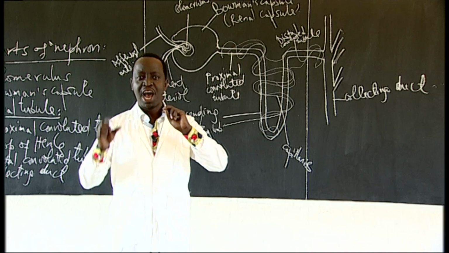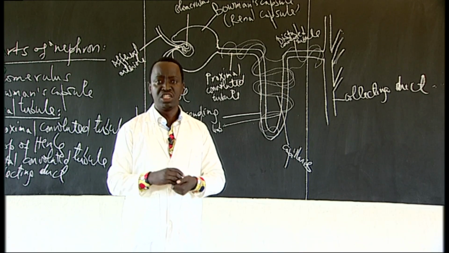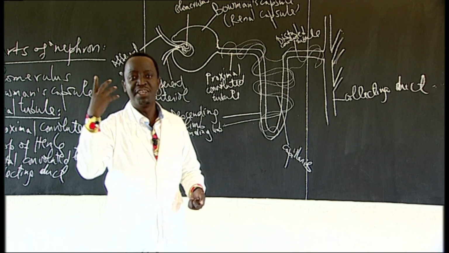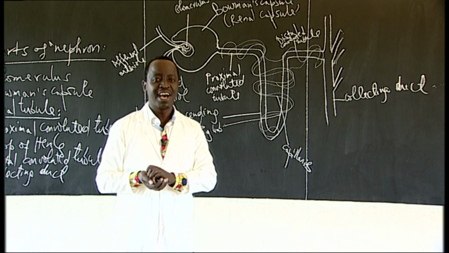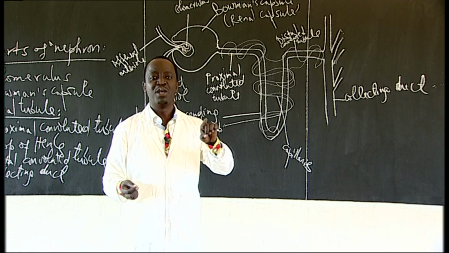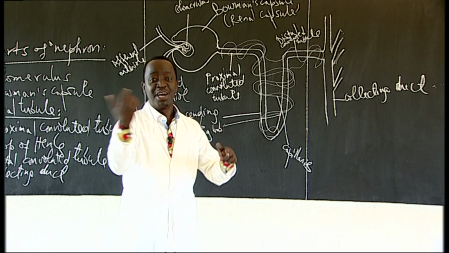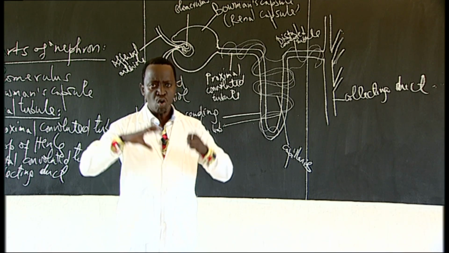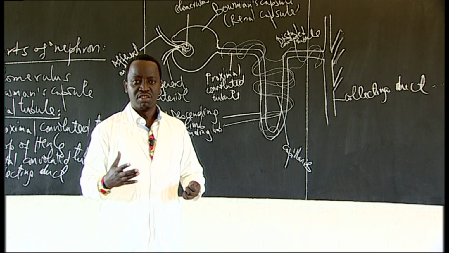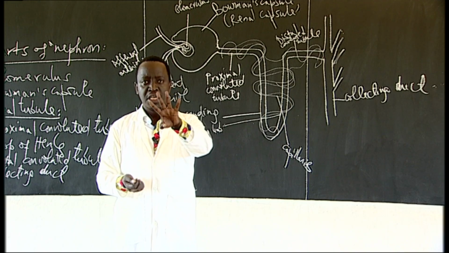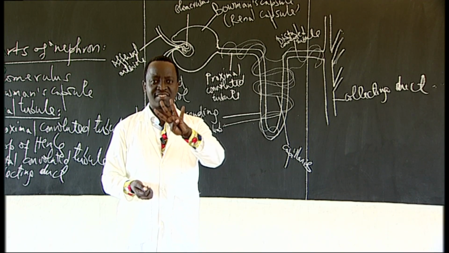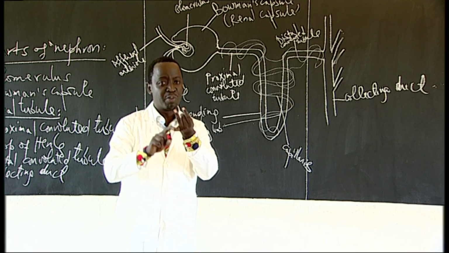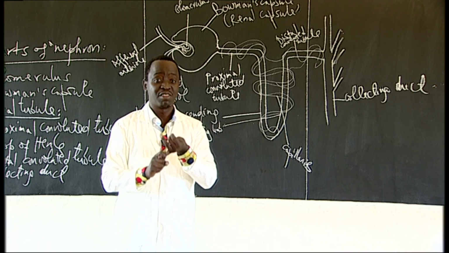As I have said, how many nephrons do you have in each kidney? We have more than 1 million, and the other kidney also has more than 1 million, which means we can have about 2 million on both kidneys. Now, what are the parts of the nephron? We have the glomerulus where blood filtration takes place.